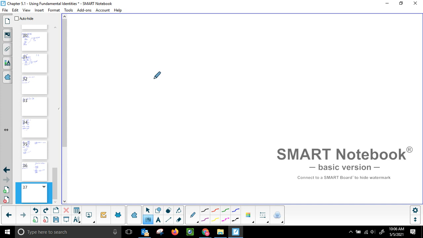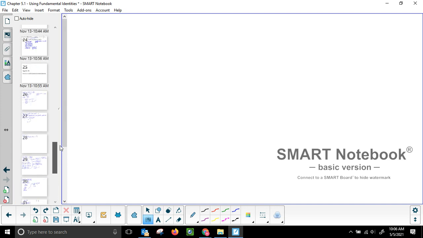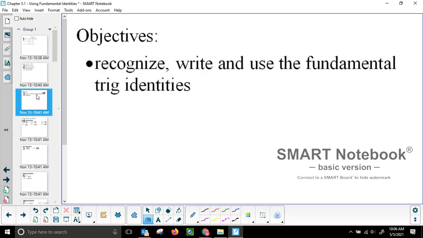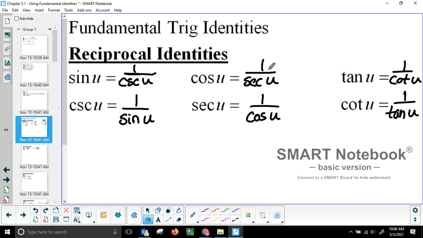Basically, a verification is very similar to a simplification, except with a verification, you have a goal that you are supposed to get to. We're still going to be heavily relying on our identities that we went over yesterday, but we've been using them pretty consistently now for the last month and a half or 2 months, really.